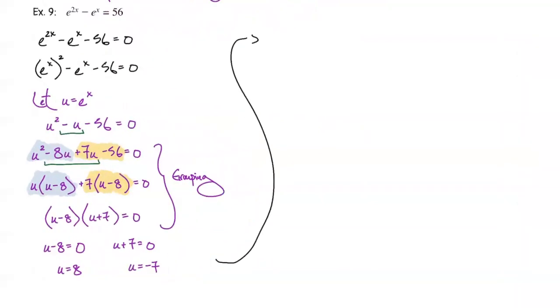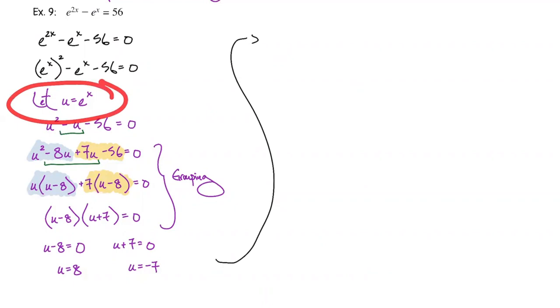Okay. So if I want to revert to x land, what would I do with this expression u equals 8? How would I turn that back into something in x land? Yeah, we go back to our substitution.